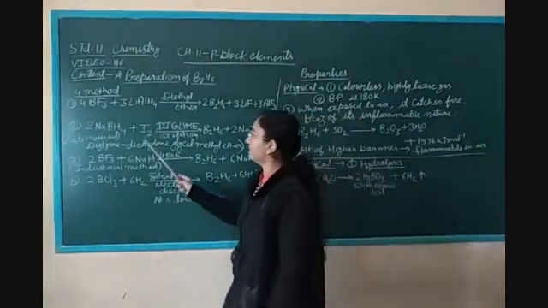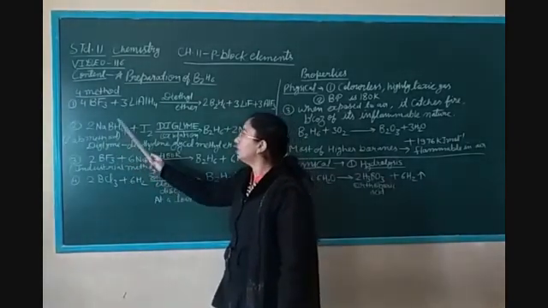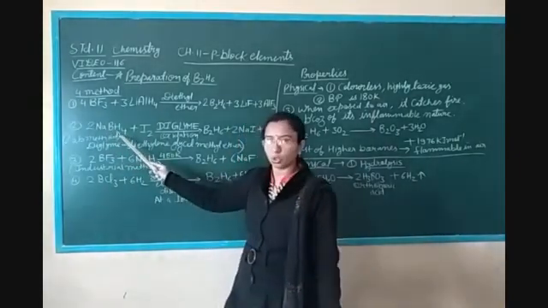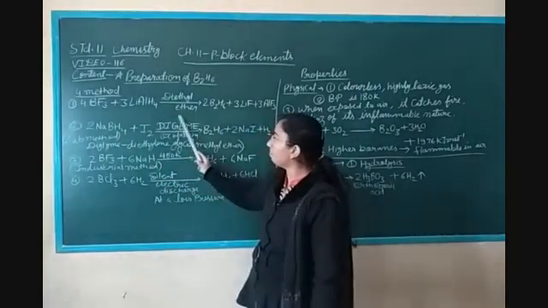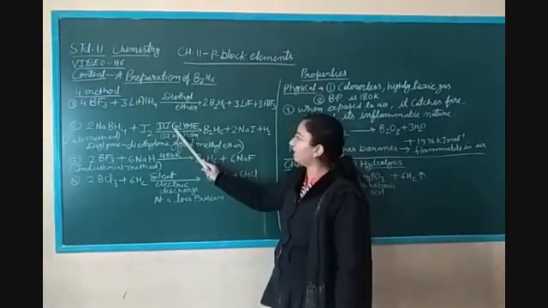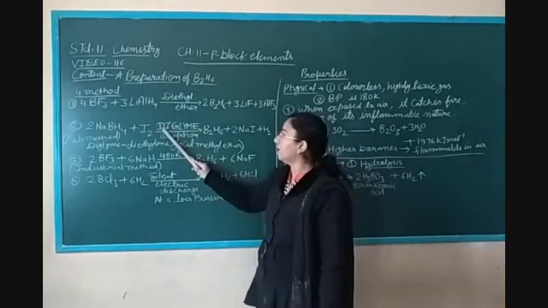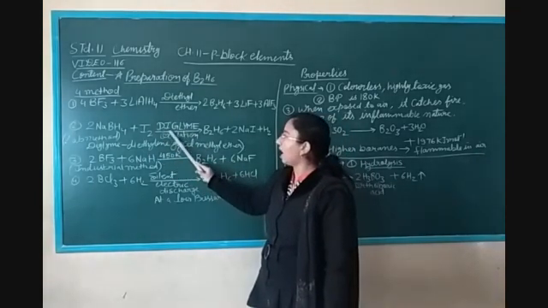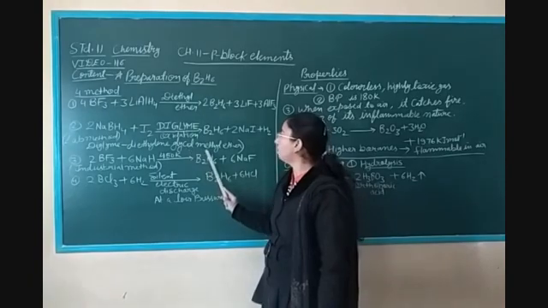Then the next method is the laboratory method, commonly used in the lab. Sodium borohydride, which is also a reducing agent, reacts with iodine in the presence of diglyme, D-I-G-L-Y-M-E. Diglyme means di for diethylene, gly for glycol, and me for methyl ether.